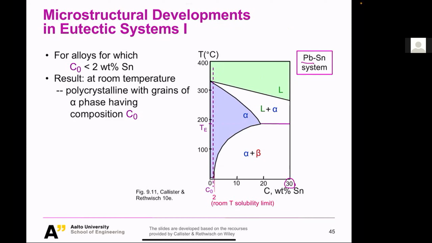And what will happen if we take 2% of tin in the lead system and cool it down from a really high temperature? So from 400 degrees C, what will happen? First you can see the microstructure is completely a liquid solution, and when we go to a temperature below the liquidus line, maybe you still remember this line here, the solid solutions of alpha start to be created.